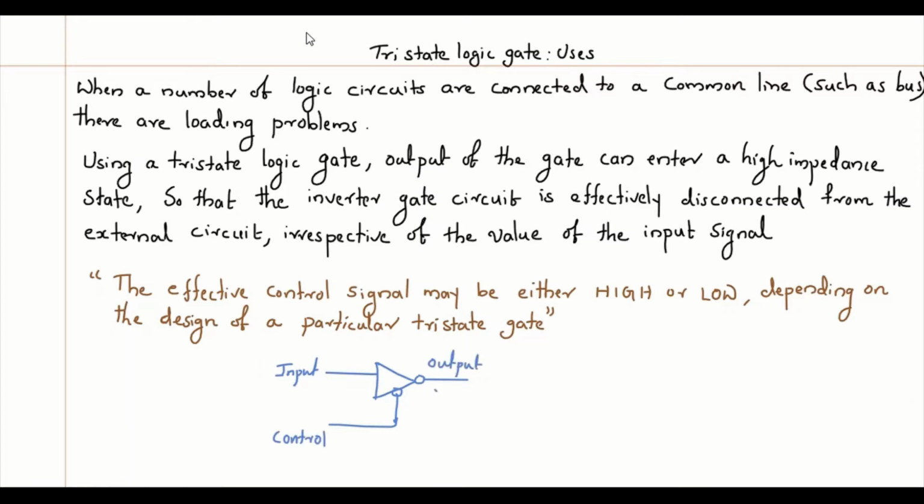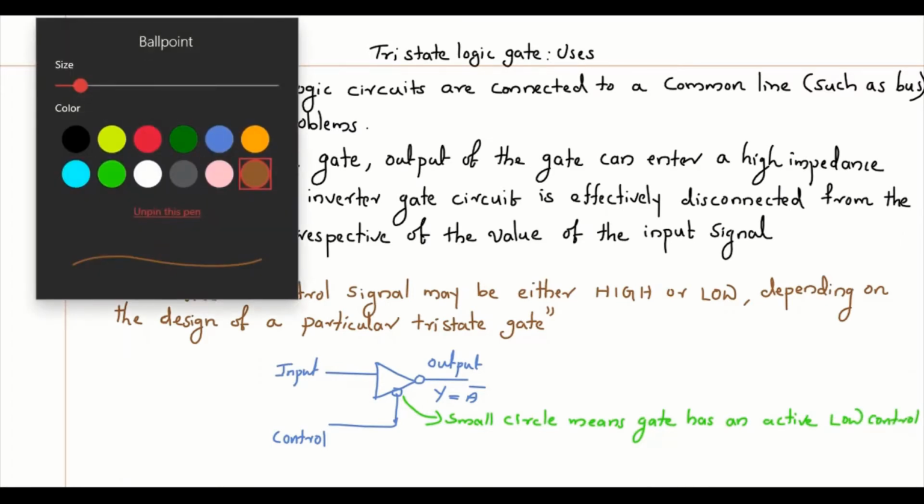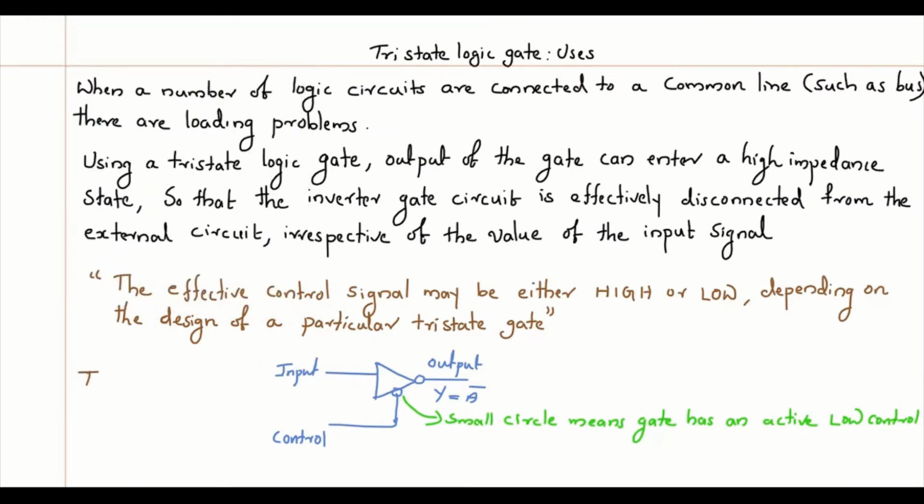That is, the output Y equals A complement happens only if the control signal is low. Here the small circle means that the gate has an active low control. This is an example of a tri-state logic gate with active low control.